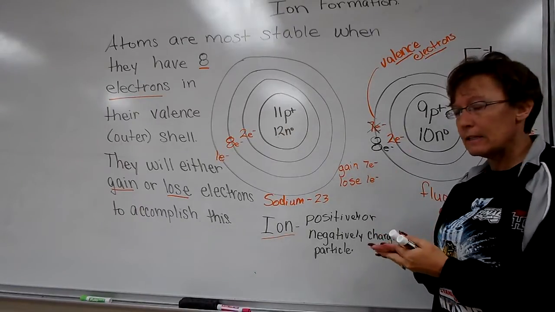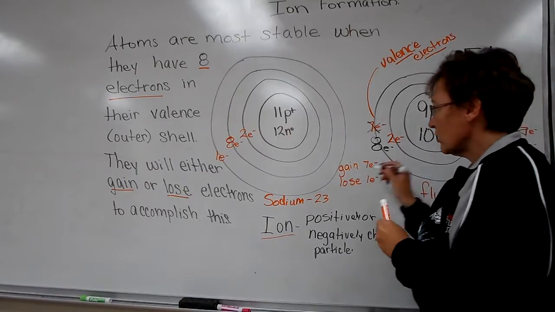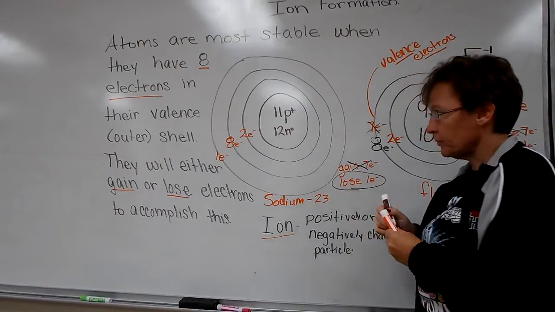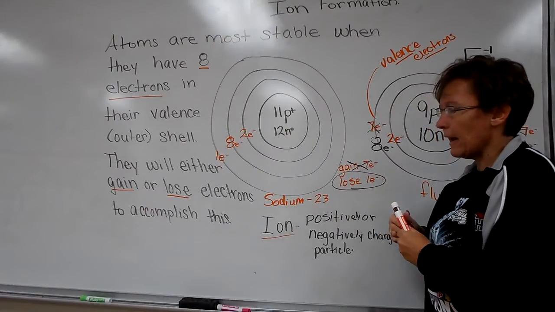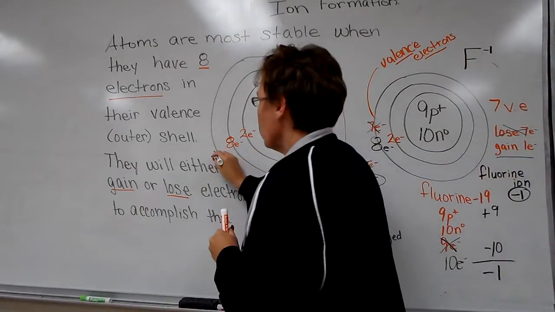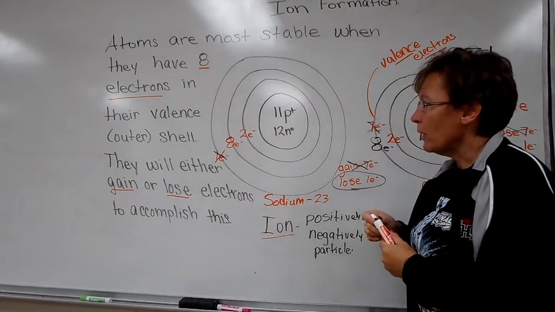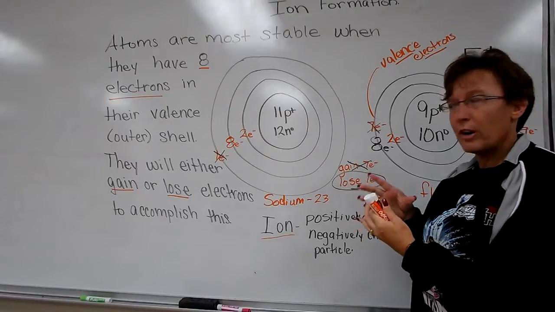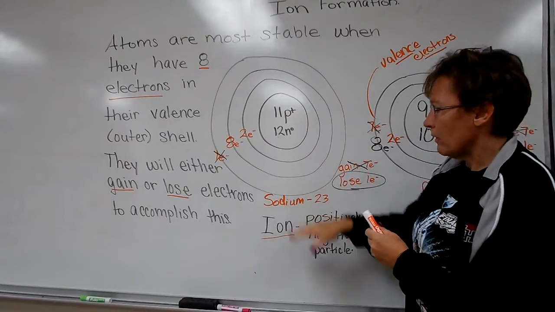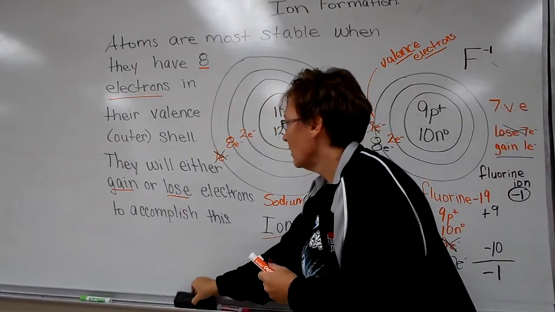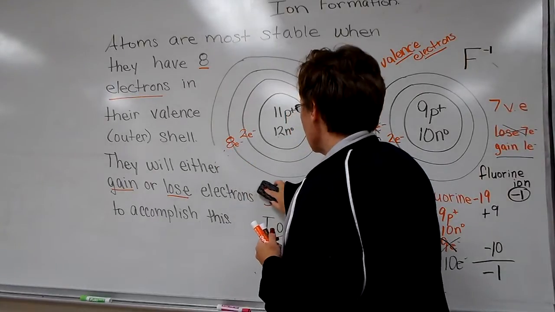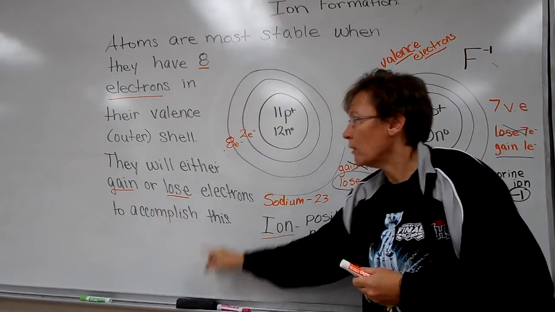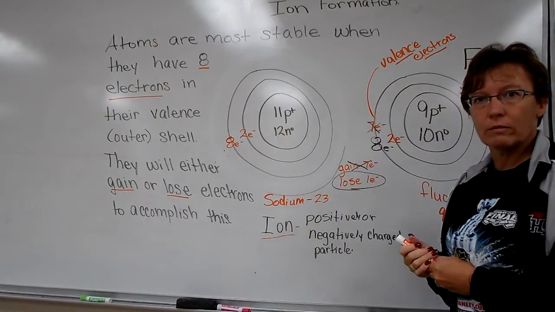It's going to take the easiest path, so it's not going to gain 7, it's going to lose 1. And when it does that, it loses that outermost electron. And when it does that, it actually loses that whole third energy level. And now the outermost energy level is the second energy level for sodium, and it's got 8 electrons in it.